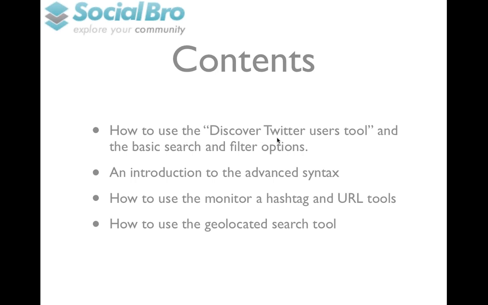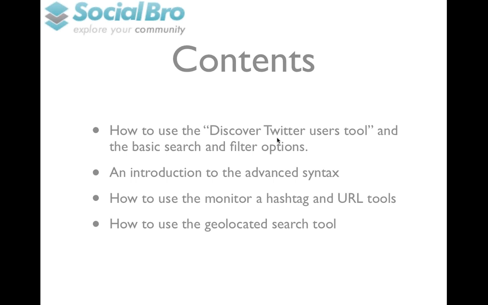So I'm just going to quickly run over what we're going to talk about today. We'll start off by going over the Discover Twitter Users tool and how to use the basic search and filter options. I'm then going to introduce you to the advanced syntax, which enables you to perform a really accurate search to find both users to target or those talking about a specific subject, for example, your brand.